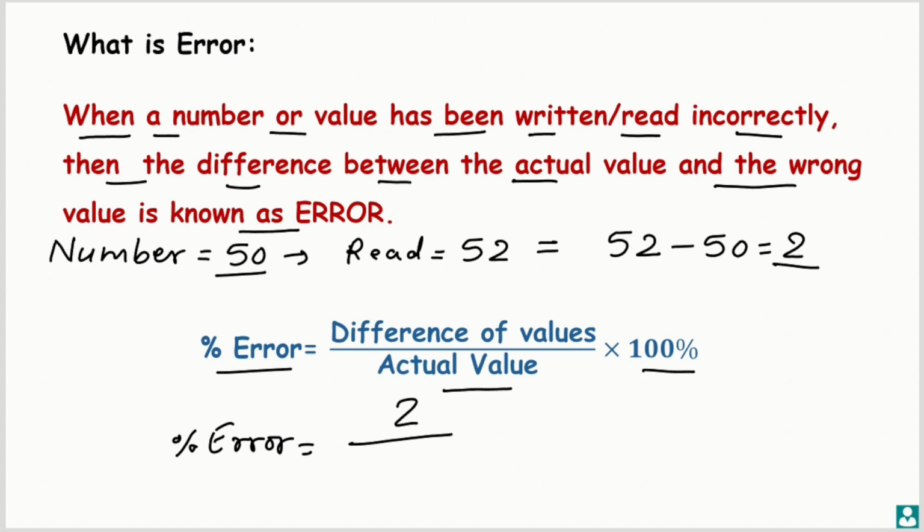And what is the actual value, which was supposed to be read? It is 50, times 100%. Now 50 times 1 is 50, 50 times 2 is 100, so 2 times 2 is 4%. So the error in reading the number is 4%. This is how we calculate the error percent.